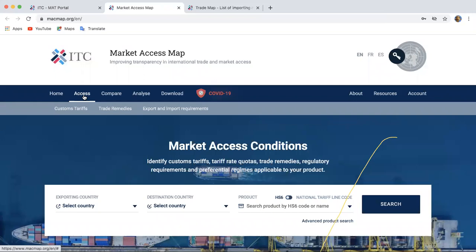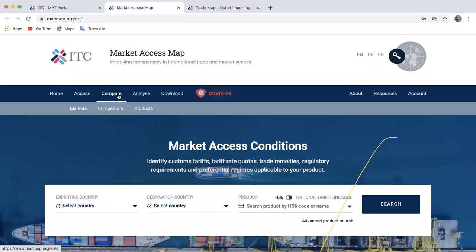If you are only interested in customs tariffs, you can go to very specific information on the customs tariffs. If you want information on trade remedies, you can go in there. The information you will already see on the first page anyway. This is also where you find all the information on non-tariff measures and export and import requirements.